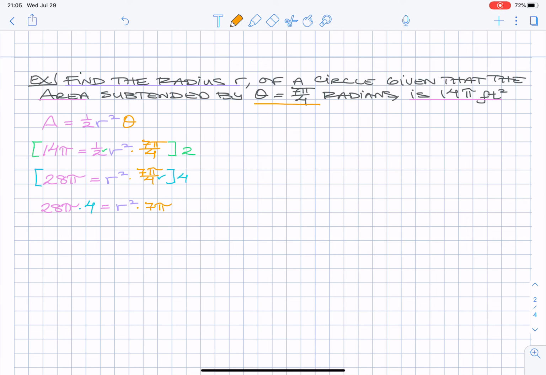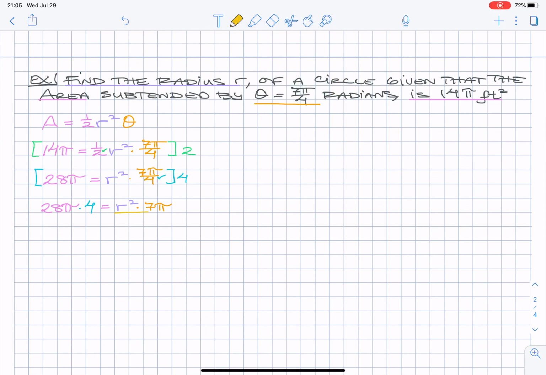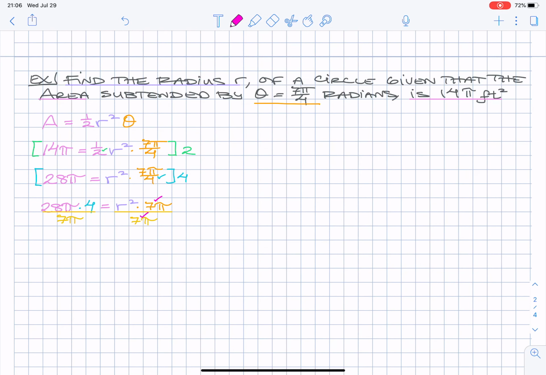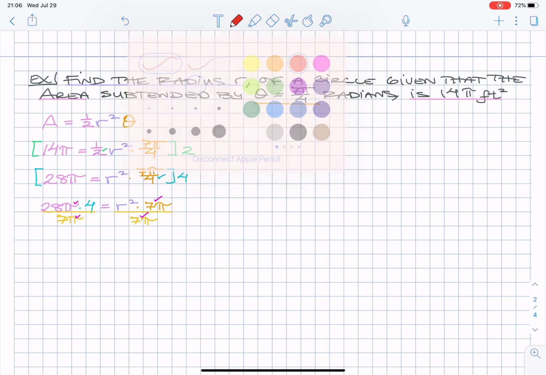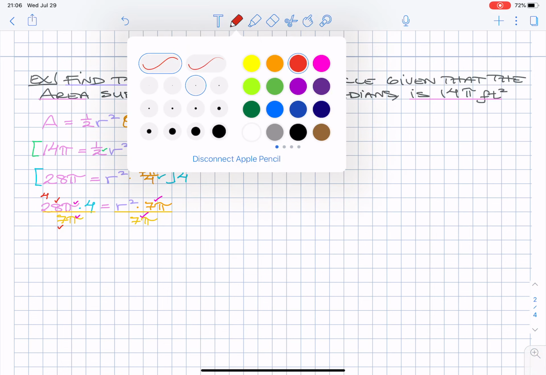Now I'm going to go ahead and divide both sides by 7 pi. Whatever I do to one side, I do to the other, trying to isolate r. So on the right, of course, this fully reduces. But on the left, the pi's reduce, and 7 goes into 28 4 times. So now what do I have on the left?